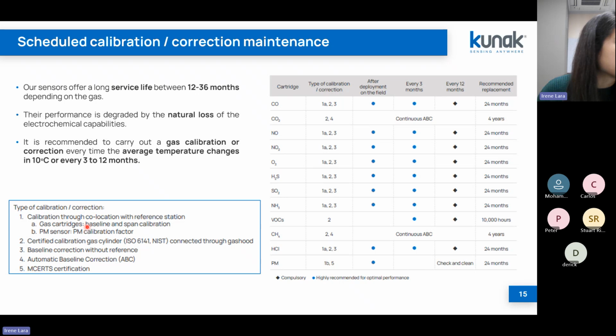And as it is a gas, we can calibrate baseline and span. We can use option 2, which is the use of a certified calibration gas cylinder connected through a gas hook. And also we can use option 3, that is the baseline correction without reference. Okay.